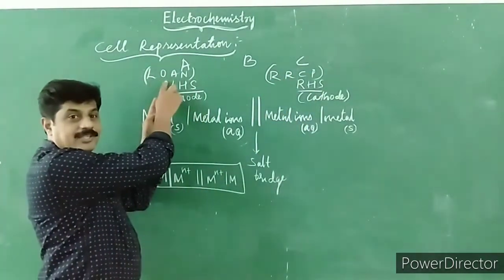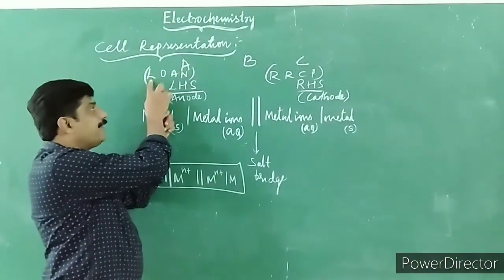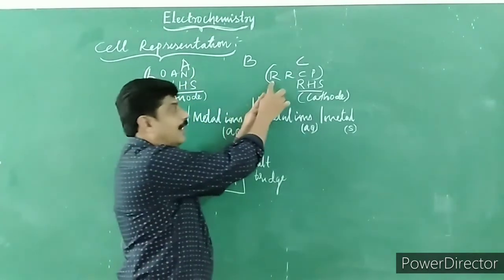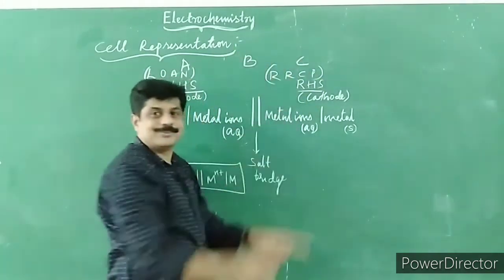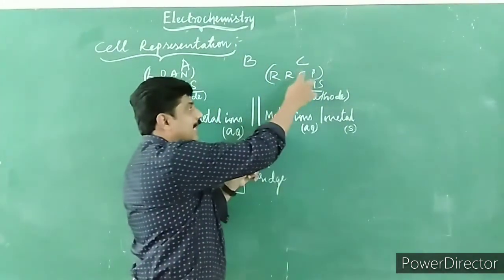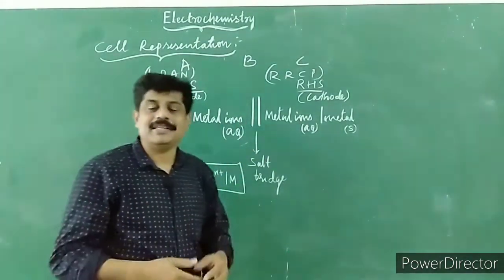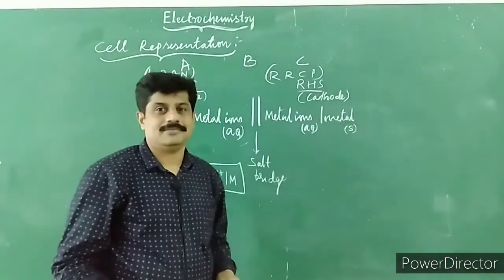Left oxidation, anode negative. I repeat again, left oxidation, anode negative. RRCP, right reduction, cathode positive. If you remember this abbreviation, you can easily represent any kind of electrochemical cell or galvanic cell.